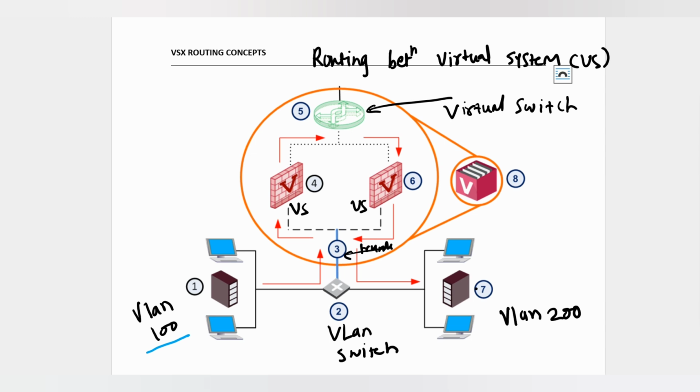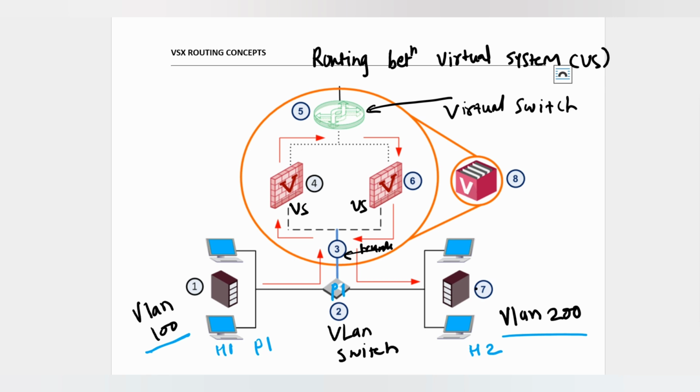Consider the traffic from VLAN 100 going to VLAN 200. Say this is host 1, and he wants to communicate with this host located at VLAN 200. How will the packet flow? Consider host 1 is sending the packet P1. Traffic from the VLAN 100 host first arrives at the VLAN switch, and here the VLAN switch inserts a VLAN tag.